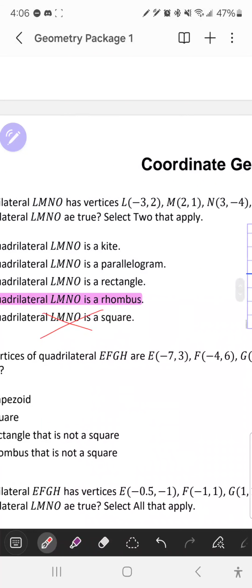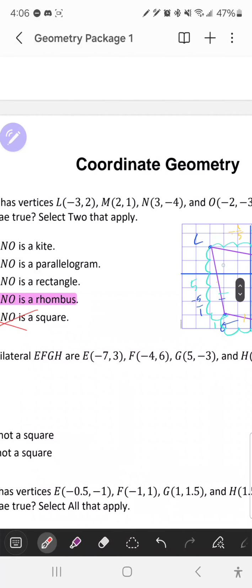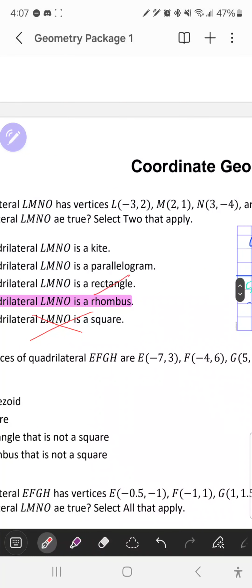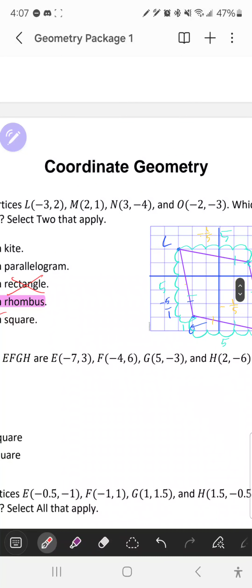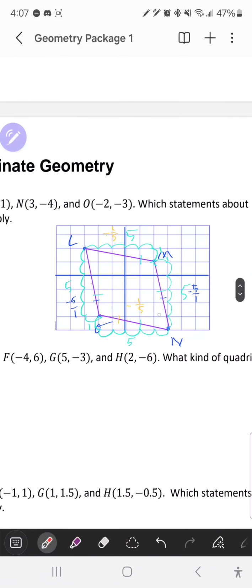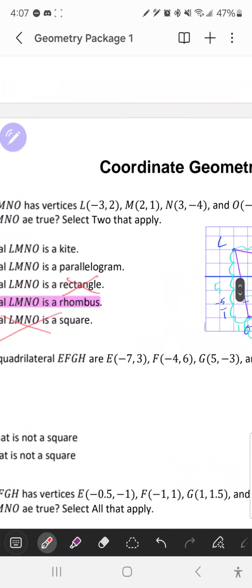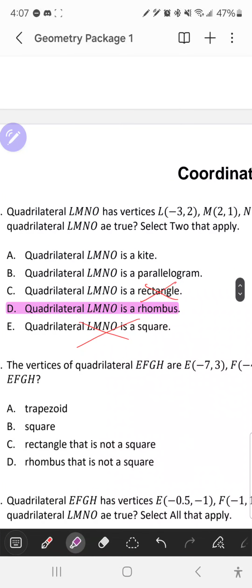The answer is no, because as we explained before, this angle is not 90 degrees, which is one of the requirements for a rectangle. Now, is it a parallelogram? We saw that the opposite sides are parallel to each other, so yes, it is a parallelogram.